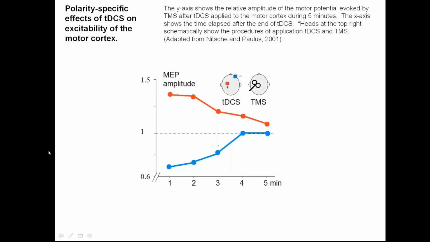And this is exactly what is shown on this slide. This is a study that was made by Nitsche and Paulus, when they applied anodal stimulation, presented by the red line, and cathodal stimulation, presented by the blue line, on the motor cortex of the brain.